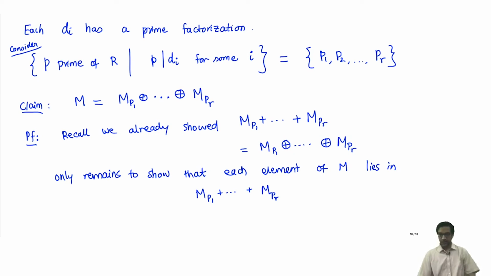And in fact I don't need to worry about every element of M being in the sum. It's enough to prove that the generators belong, because once the xi's belong, then every other element, being a linear combination of the xi's, would also automatically belong. So it's really a question of showing that the generators belong. I can just show that the generators xi lie in this sum, for all i equals 1 to n.